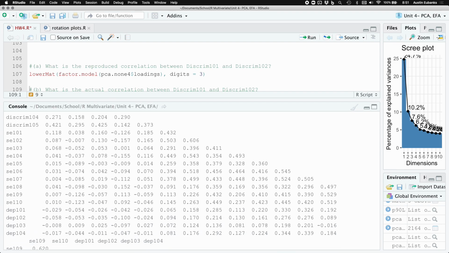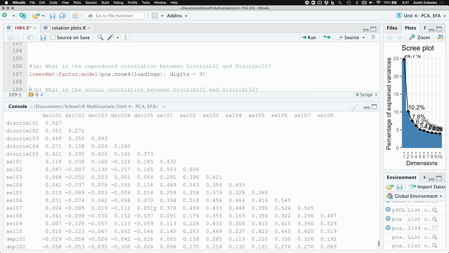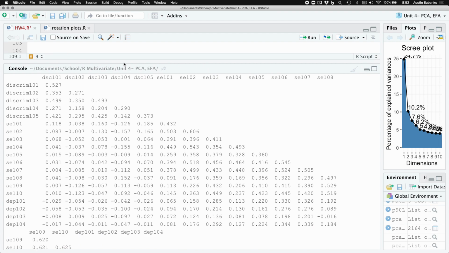You're muted. Okay, let's just hang on 1 second. Let's make sure everybody was able to run the analyses. I actually had an error, so let me see if I can figure it out.